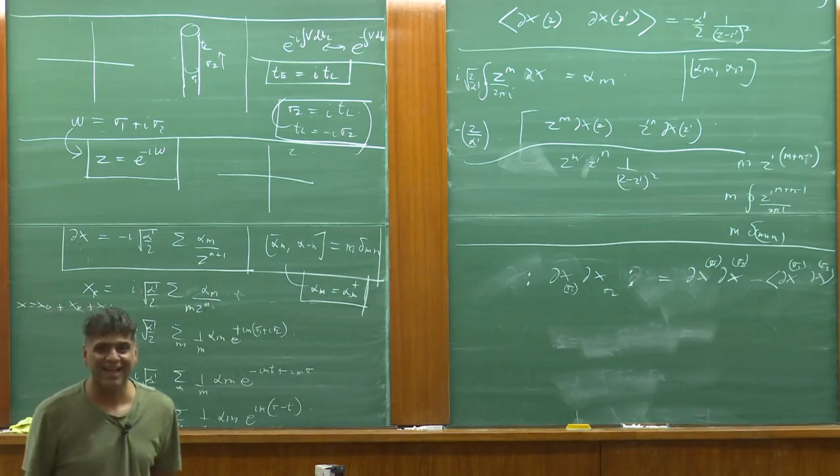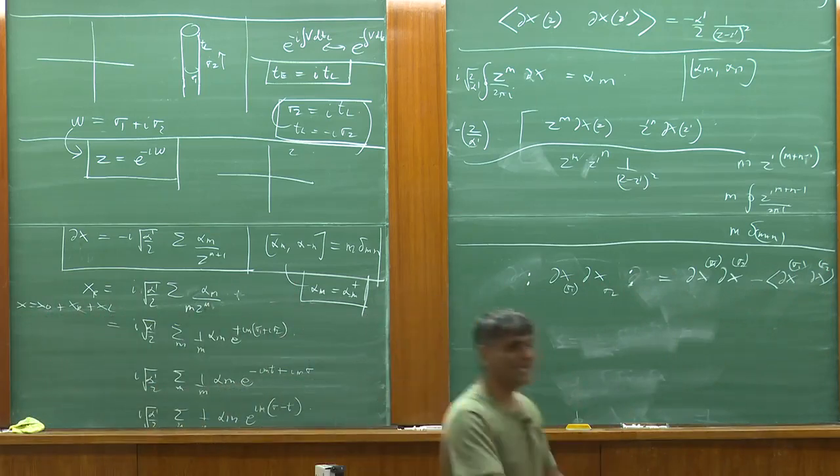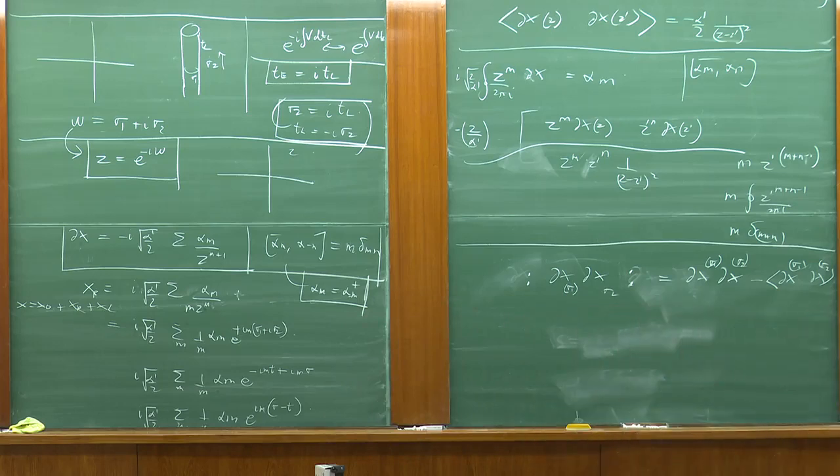If I had 4 objects, I would proceed essentially using Wick's theorem. I would define the conformally normal ordered product of 4 objects to be the object minus what you get by removing every contraction, every one contraction.